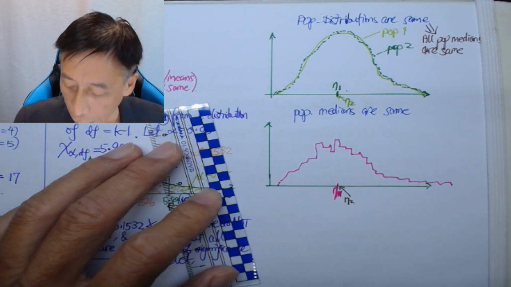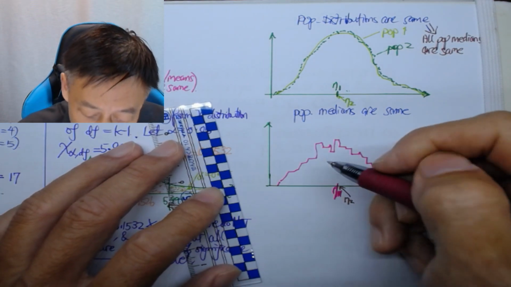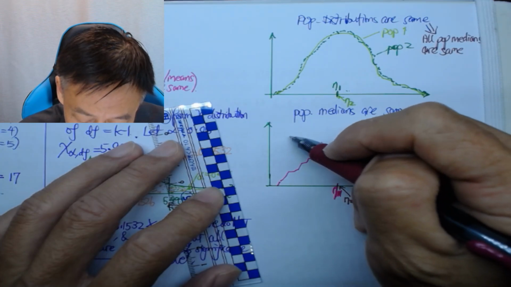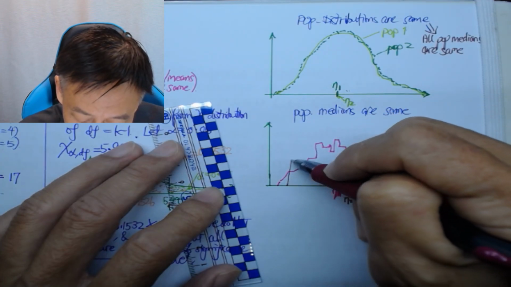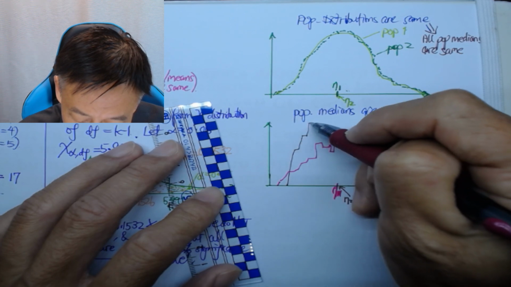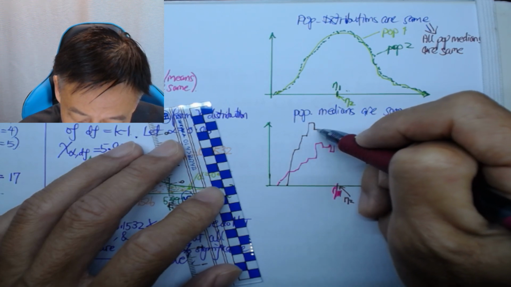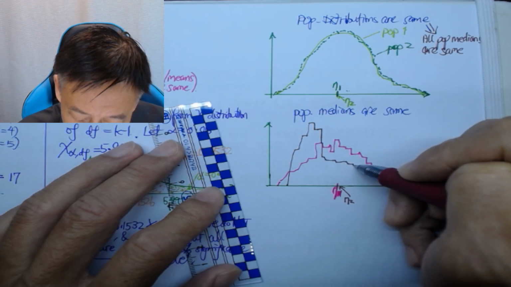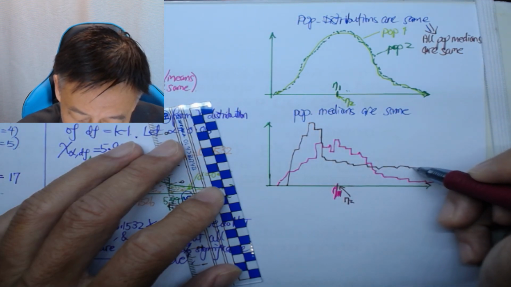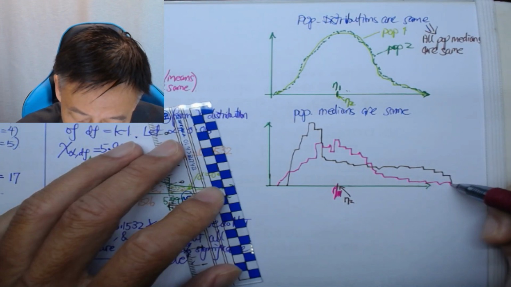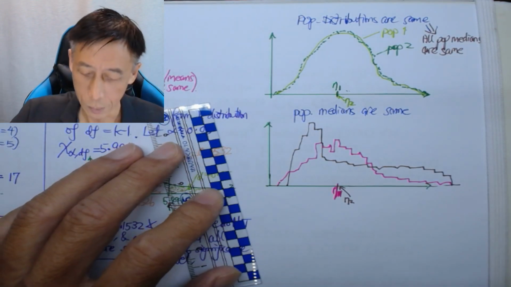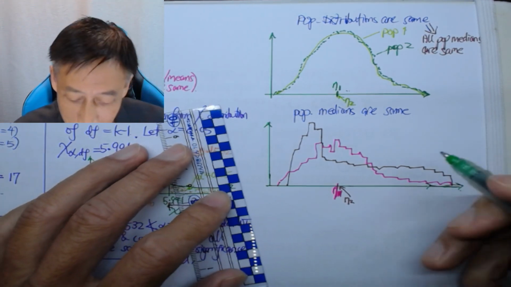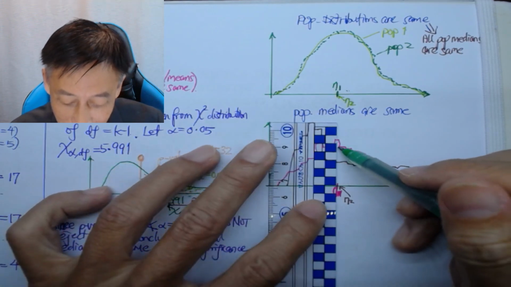Now, the first population can look like this. And the second population can look like this. I try to estimate the median to be half area, right?